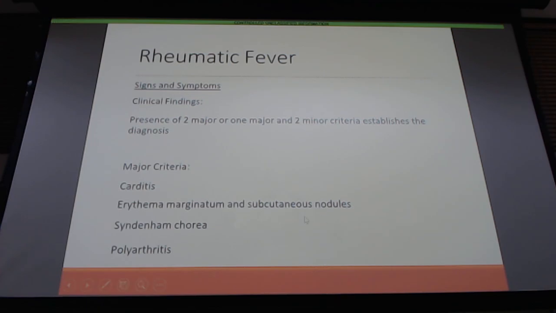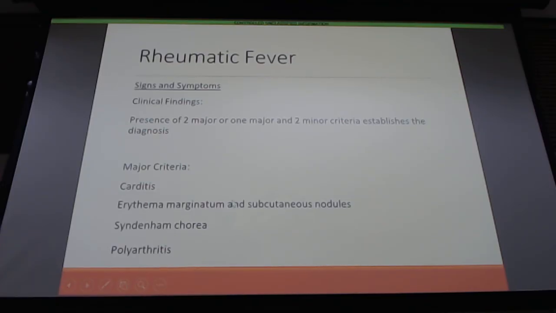So here's the presence of 2 major or 1 major and 2 minor criteria. That establishes the diagnosis. Here are your major criteria right here.